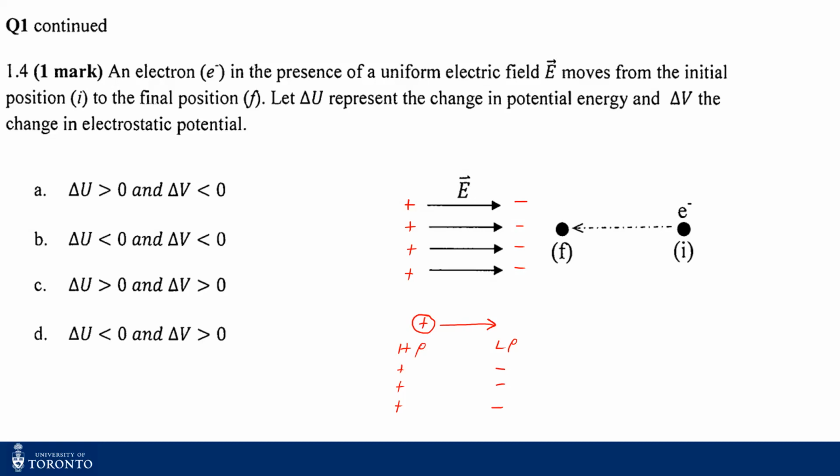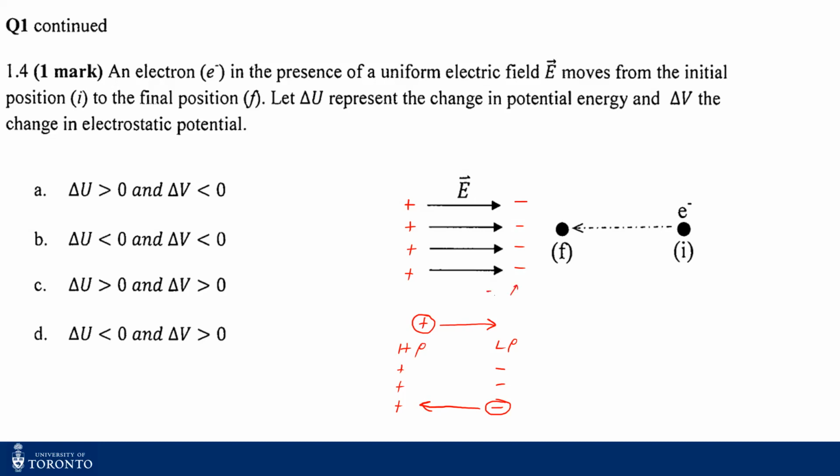For a negative charge, since it is moving from lower potential to higher potential, opposite to the direction of the electric field, the electric potential of the electron or negative charges would increase. But you see the electron will be repelled from this negative direction, right?